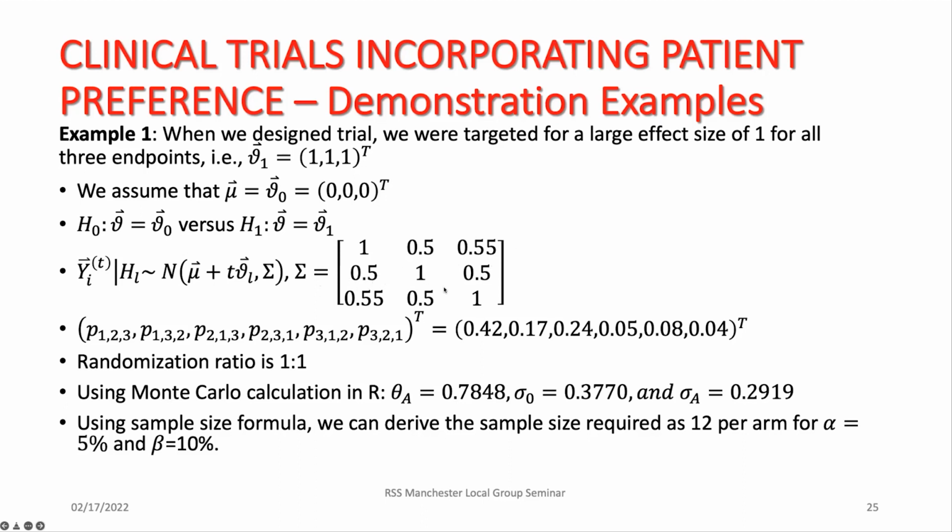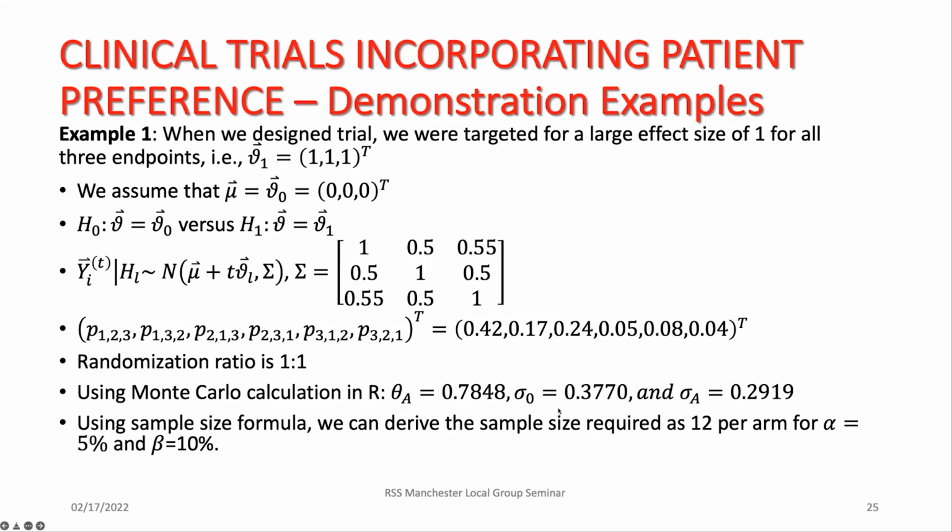So if this is the covariance of the normal distribution, and this is the reported preference from the patients, and if we do 1-to-1 randomization, our winning probability is 0.78. So 78% of the time the pair of patients will be in favor of treatment.